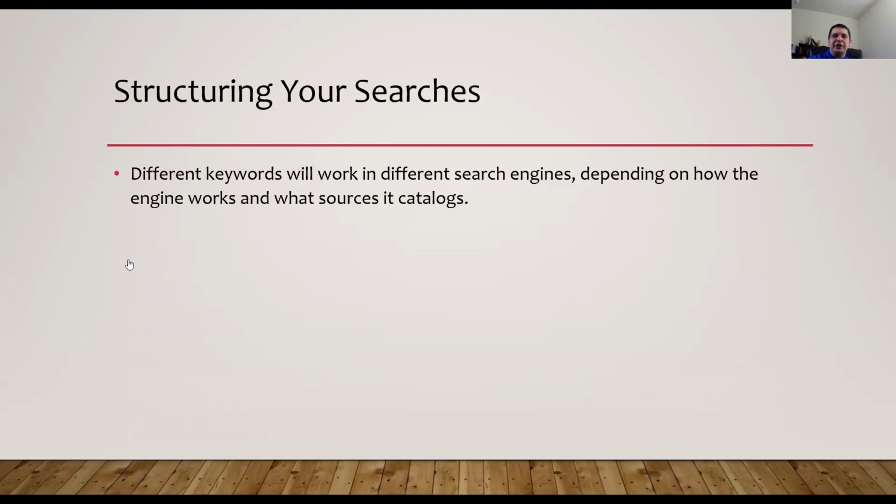As you move between search engines, there are going to be different keyword combinations, as I mentioned earlier. And this is because search engines are basically stupid. They know how to operate within the parameters in which they're programmed. And so if you say, hey, search engine, I want you to catalog only the books on my shelves.